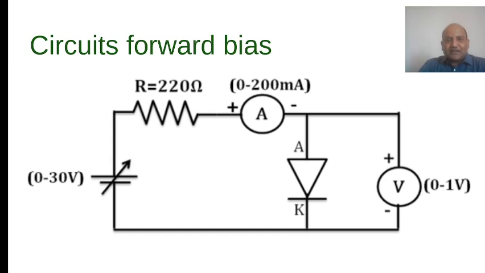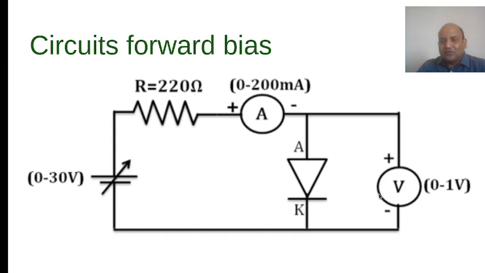So this is the circuit diagram of your circuit. Here you can see the power supply, this is the resistance, this is the ammeter, and this is the diode, with the diode anode and the diode cathode.